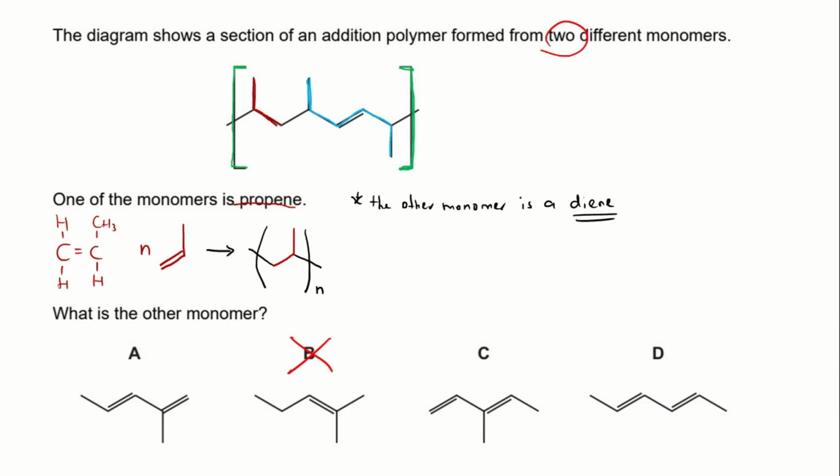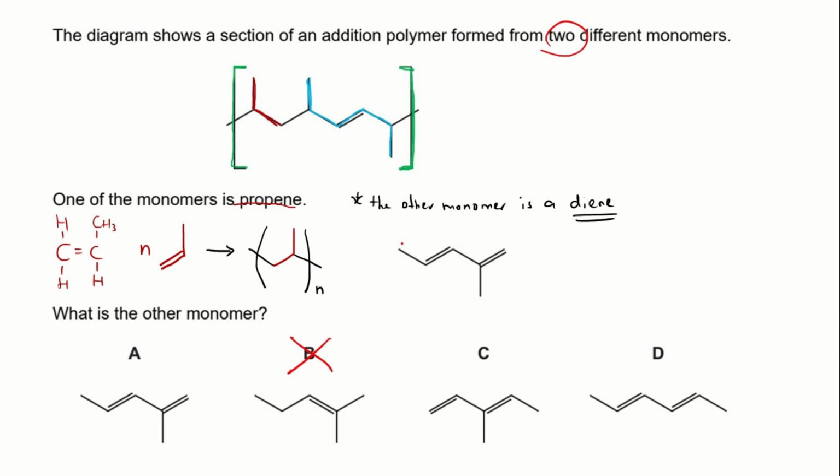If you would like to know more about how the pi bonds are broken and a new pi bond is formed between the two carbon atoms in the middle, you can watch one of my previous videos on the addition polymerization of dienes. Now I'm going to use the diene molecule in A as a quick example.